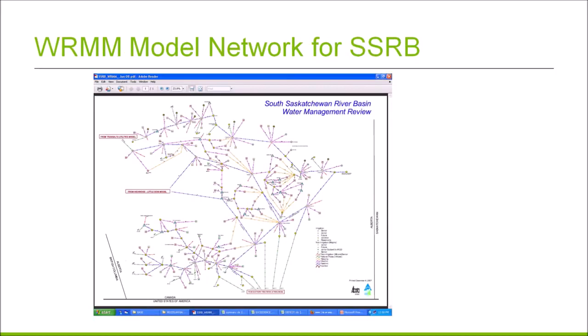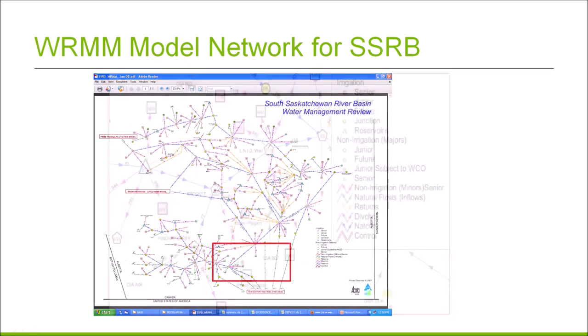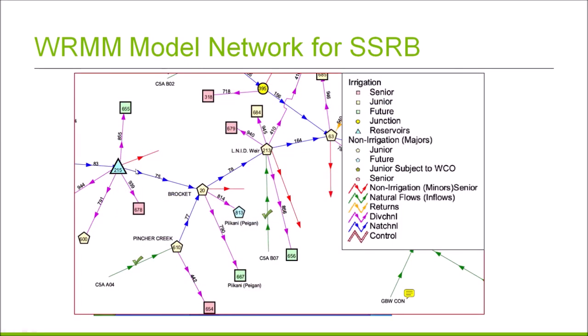For example, this is a schematic of the South Saskatchewan River Basin Water Management Plan model network. You can see the Red Deer system, we have the Bow system, and then we have the Oldman system over here. Zooming in on a small portion, you can see the natural river network, and then we have different types of water use like irrigation and non-irrigation, and every water user has an identification number.